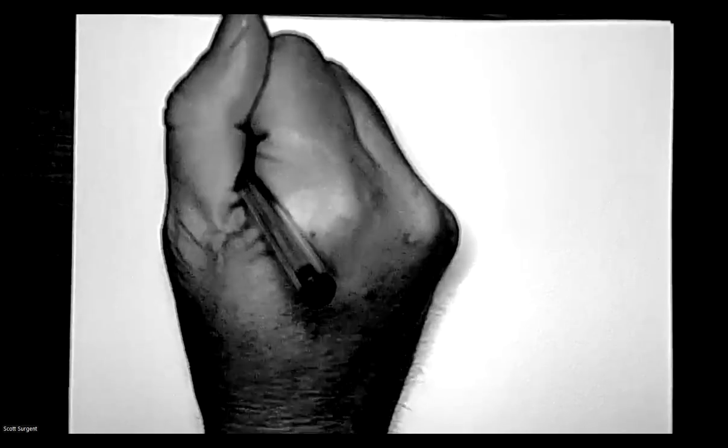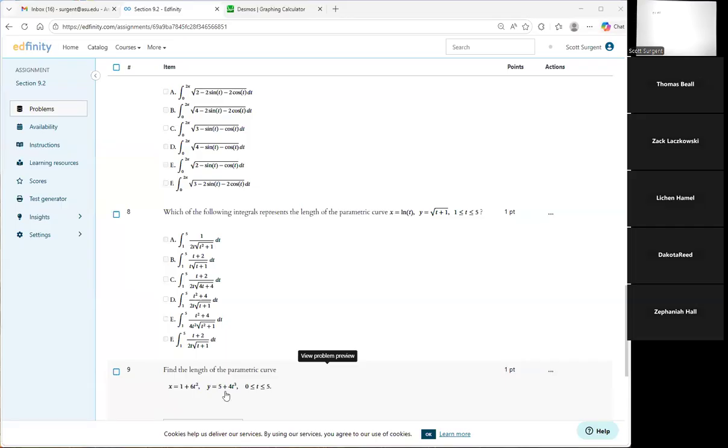Sheet 9.2, number 8. Share the screen. Which of the following integrals represents the length of the parametric curve x equals ln t, y equals radical t plus 1, from 1 to 5?